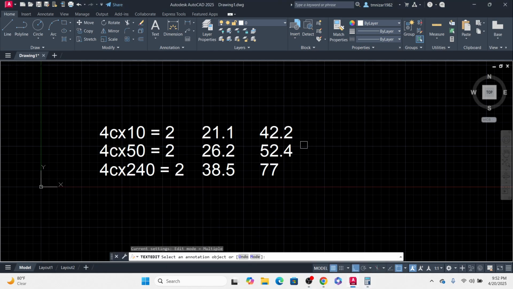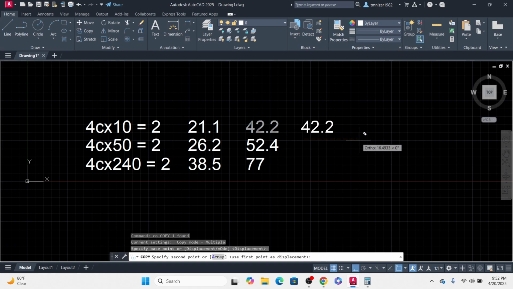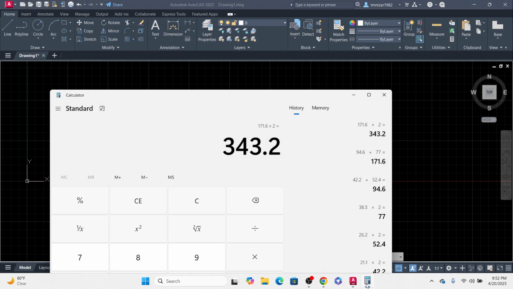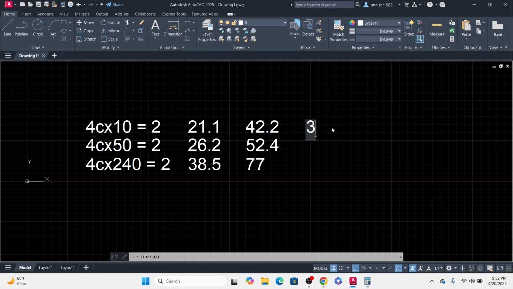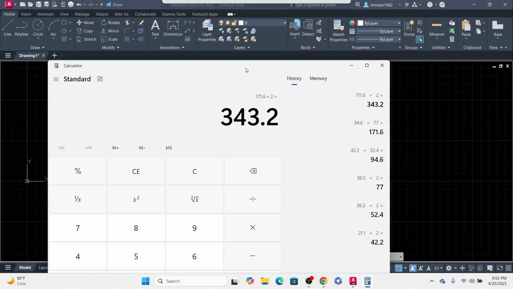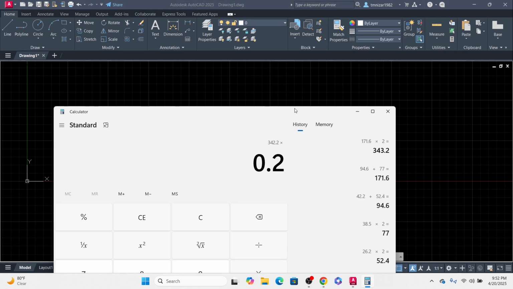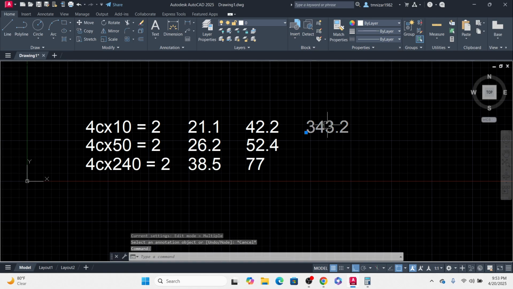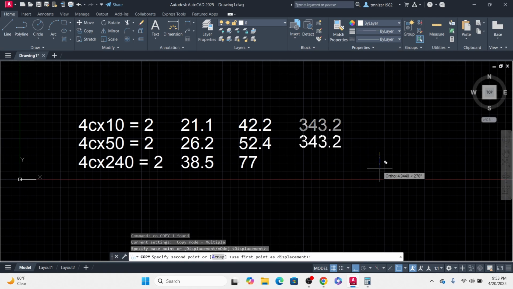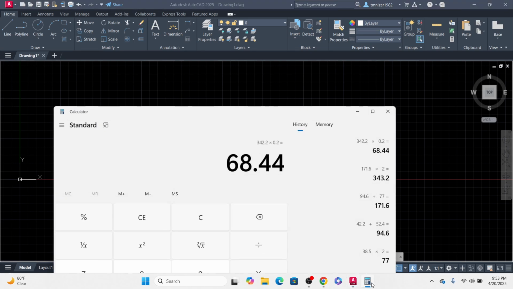343.2. So I will take this one here. 343.2. Then I will multiply this 343.2 by 0.2, which gives 68.44. This is 20% of the total cable.